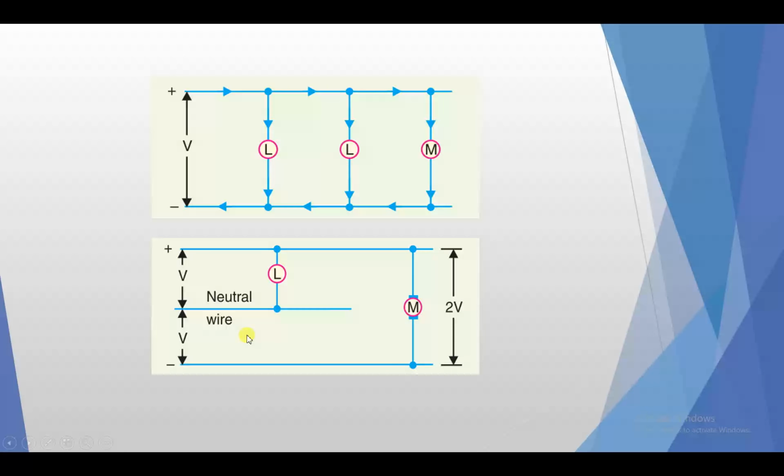We have positive and negative wires and one neutral wire. The voltage across the positive and neutral wire is V, and also the voltage across the neutral and negative wire is V, but the voltage across positive and negative is 2V. So we can connect a heavy load across the outers and a low load across either outer and neutral.